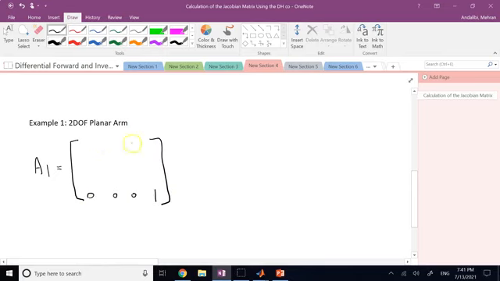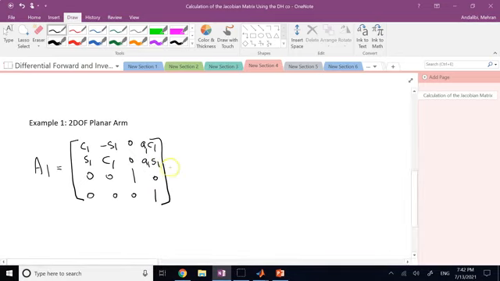This was a rotation about z with angle theta, so it should be 0, 0, 1, 0, 0. This is C1, negative S1, S1, and C1. And this is the location of the origin of frame 1 in frame 0, which was A1C1, A1S1, and 0. This is the A1 that we got from the DH method.